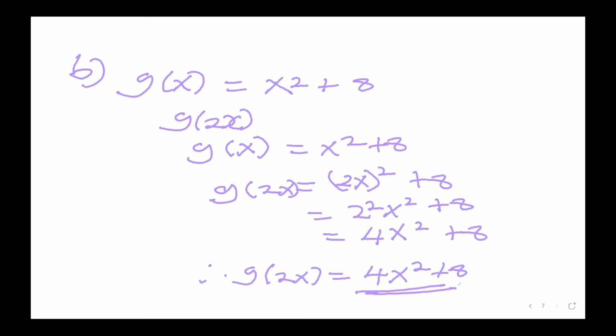Part B has a second part. This was our Roman 1, so you have to go to the second part. This is B Roman 2. They want us to find the inverse of f of x.